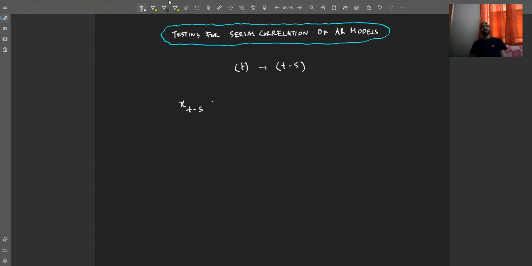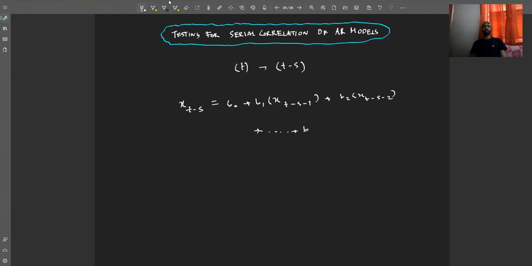Xt minus s is equal to, let's say, b0 plus b1 x t minus s minus 1 plus b2 x t minus s minus 2. This equation lags till s periods, right?